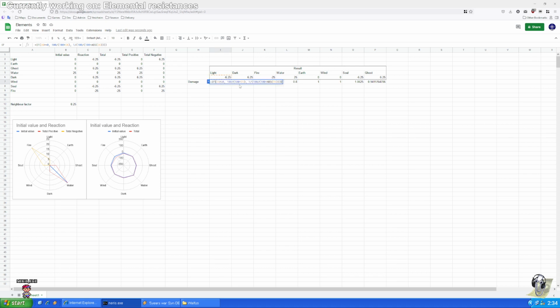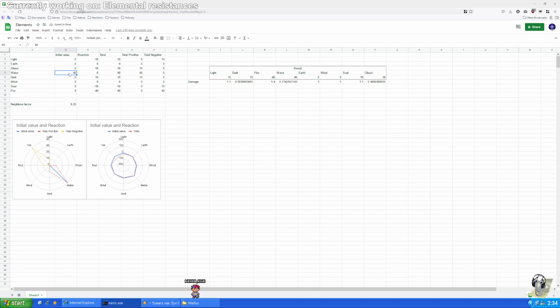Yeah, let's do 100. It's more like it. So 20 resistance. It's 83%, 1.2 increase. Okay.